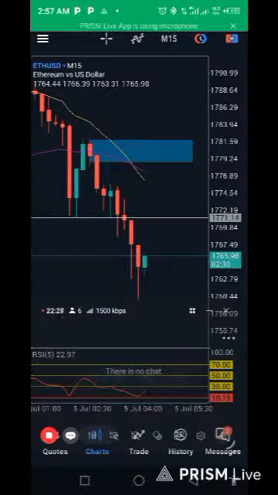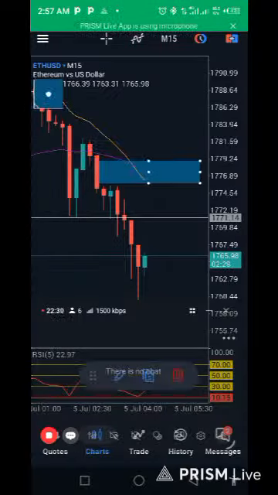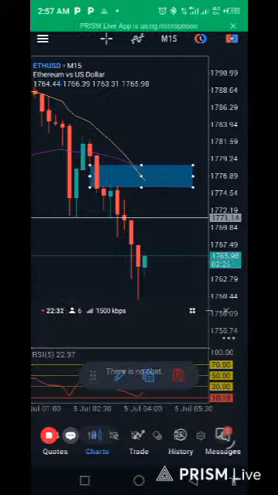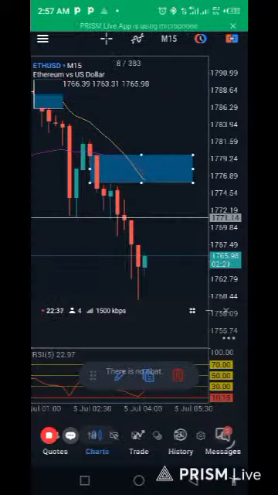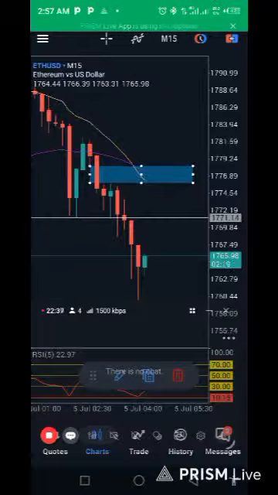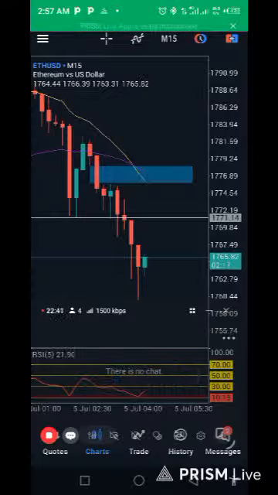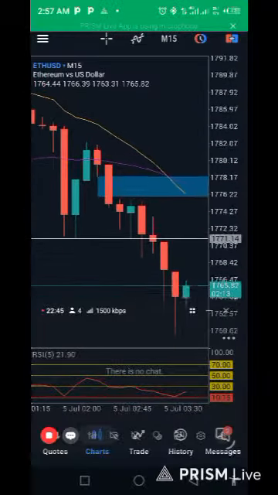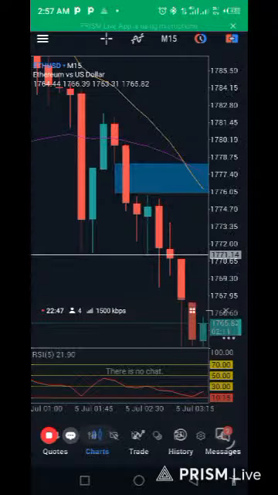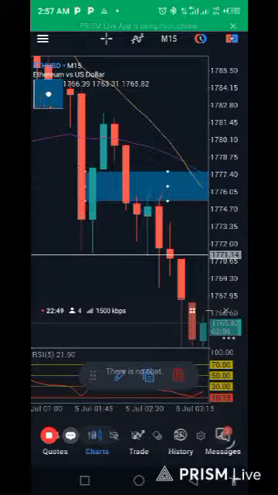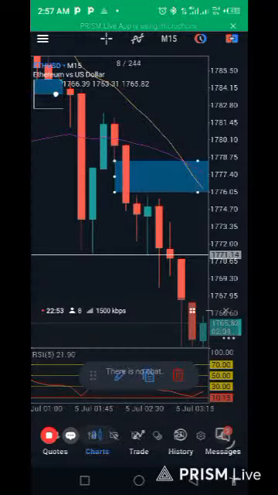Then the fair value gap is in between, this space between two candles separated by a longer candle. Let me zoom it very well so you can see it very clearly. You can see a space between. It's called a fair value gap, FVG.